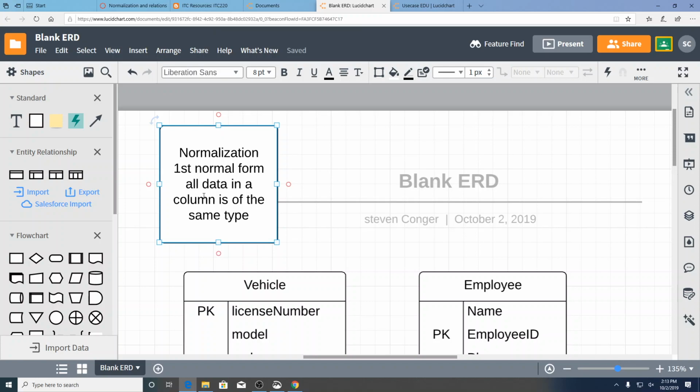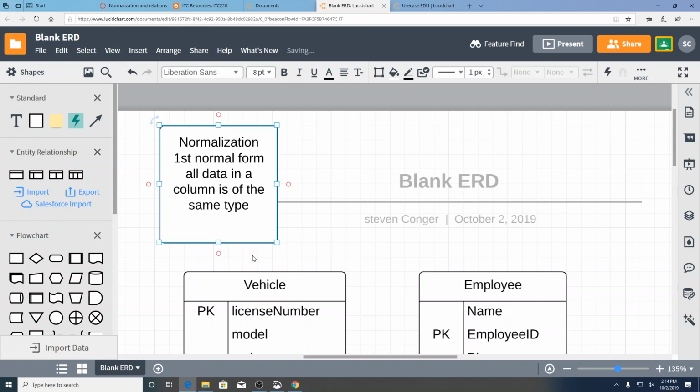You don't mix emails and phone numbers, right? It's all emails, they're all phone numbers. Everything in a column has to be of the same kind, no mixing and matching of things in a single column. So, the license number is all license numbers. You don't put anything else in there. So that's one of the things.